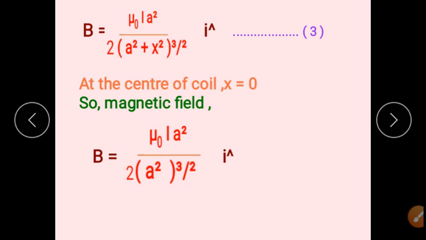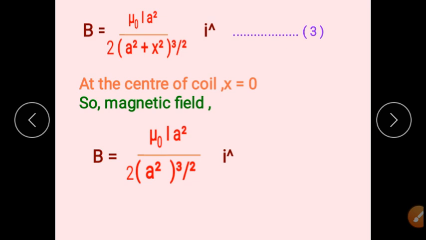Now let us find what will be the magnetic field at the center of the loop. At the center, what is the value of that x? Consider the point P is at the center. If the point P is at the center, x will be equal to 0. Then substituting x is equal to 0 in this equation, you can rewrite B is equal to μ0 I a² by 2 (a² plus 0) raised to 3 by 2.